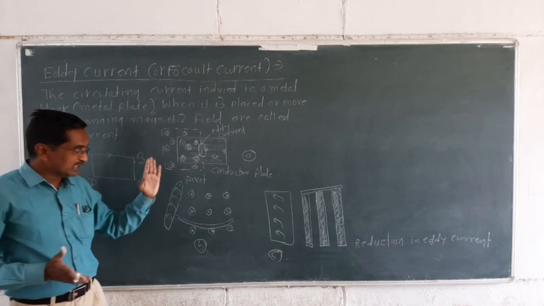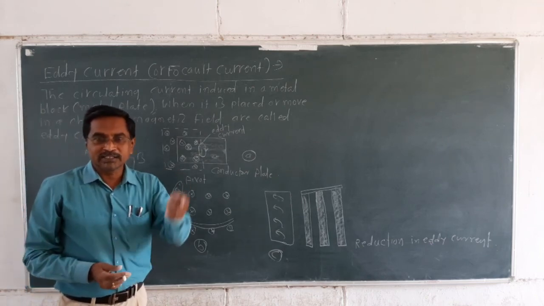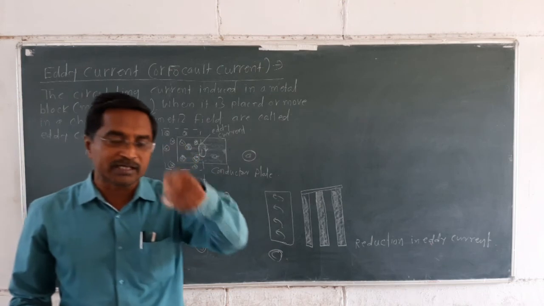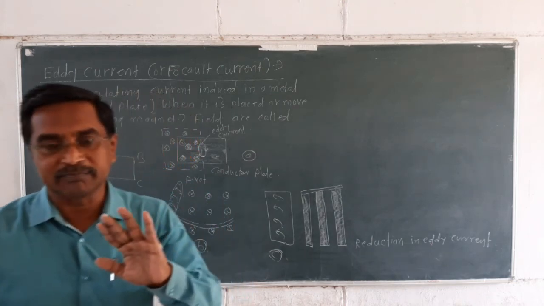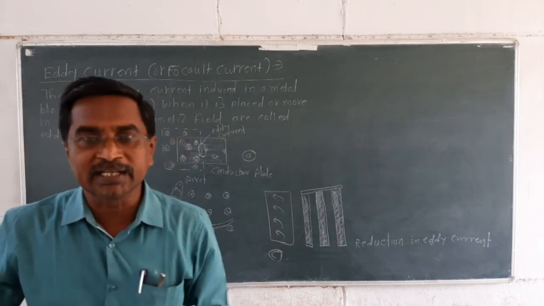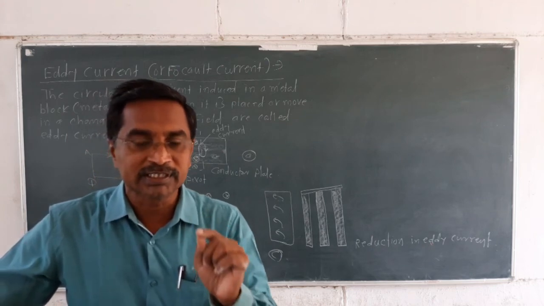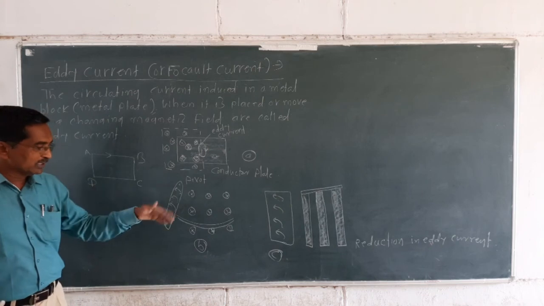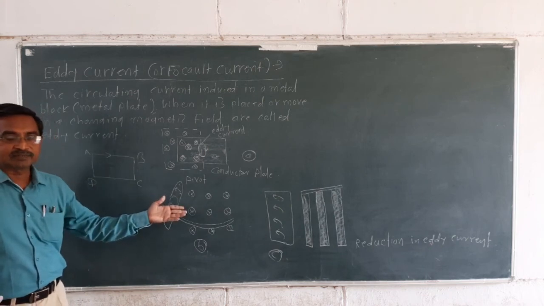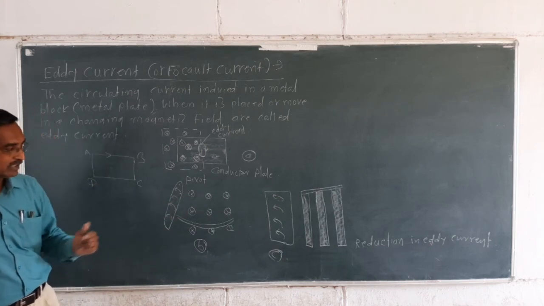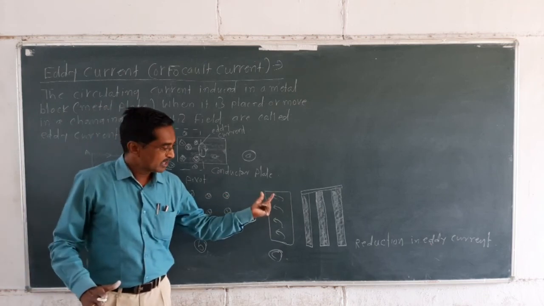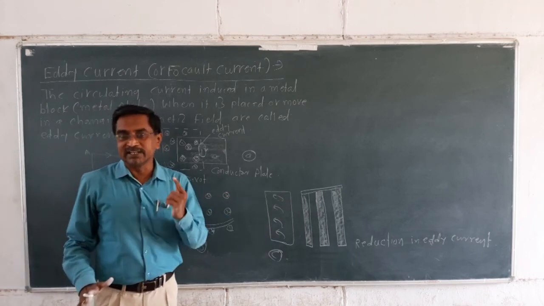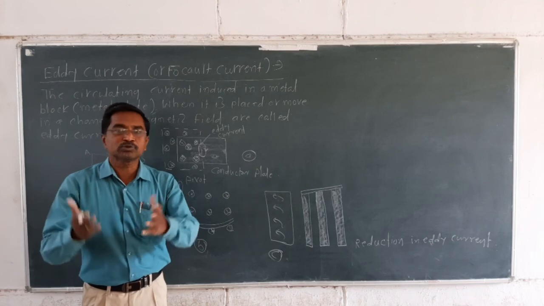So from this we get the idea that when a circular current is generated in the metal plate or metal block, at that time heat energy is produced. Eddy current gives heat energy. So how is that heat energy, which is produced in the metal block, reduced?